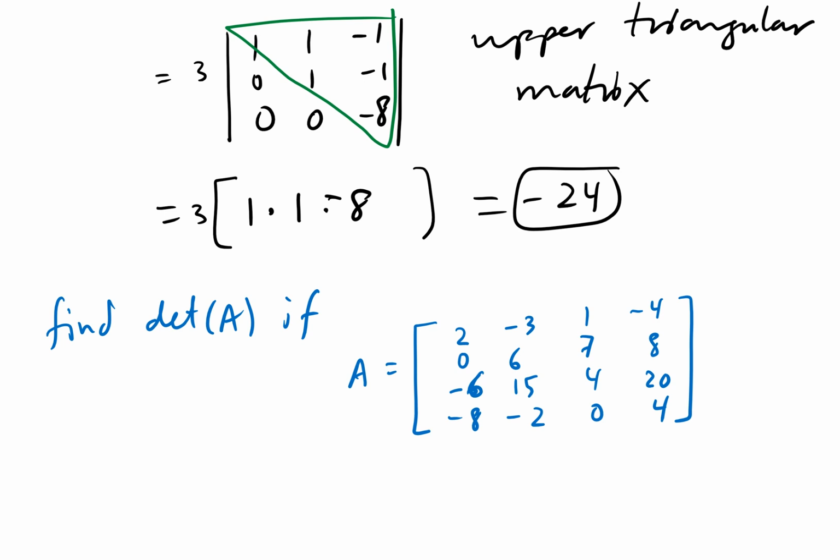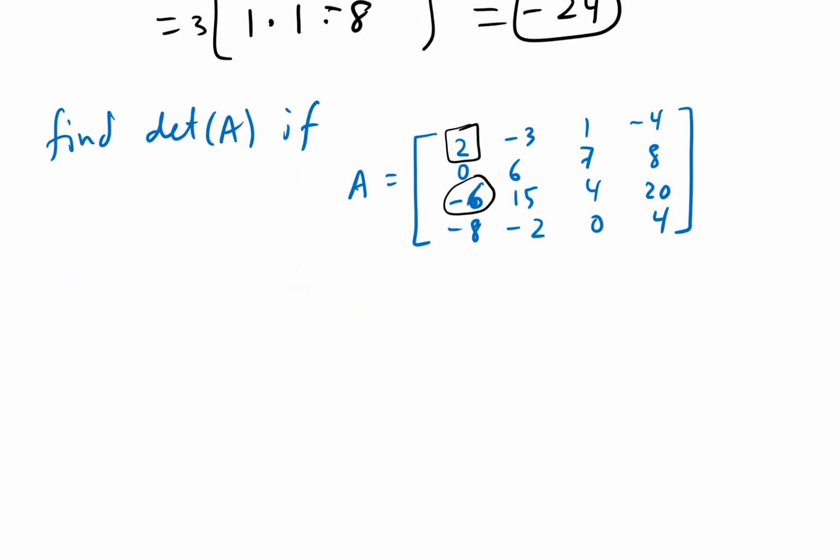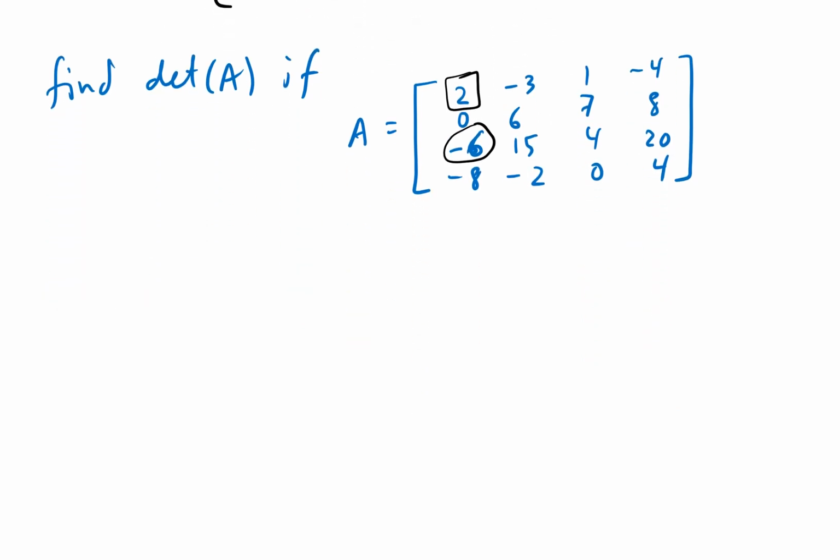Take a look at this matrix. I'll give you time to look at this. What I want you to do is use this entry to clean up this. Clean up the negative 6.